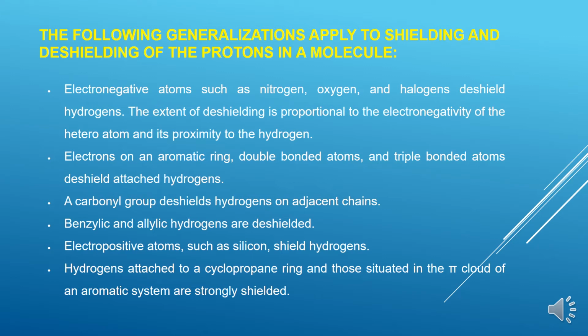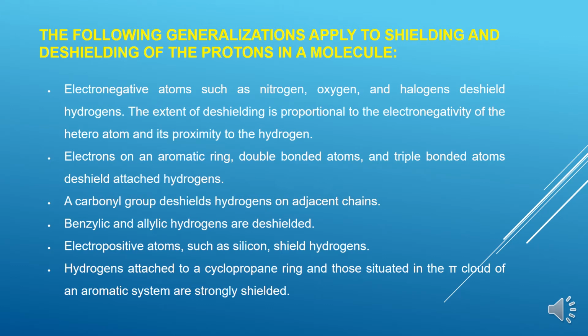Tetramethylsilane is more shielded, so it is almost zero. If your hydrogen is located nearer to electropositive atoms, then it is shielded. If it is in proximity to electronegative atoms, it is de-shielded.